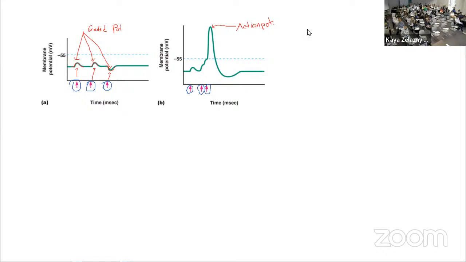I'm going to go ahead and number these little stimuli. This first stimulus, just like in our figure A, created one little graded potential. Then we drop back down to our resting membrane potential of -70. We know that our rest point is -70.